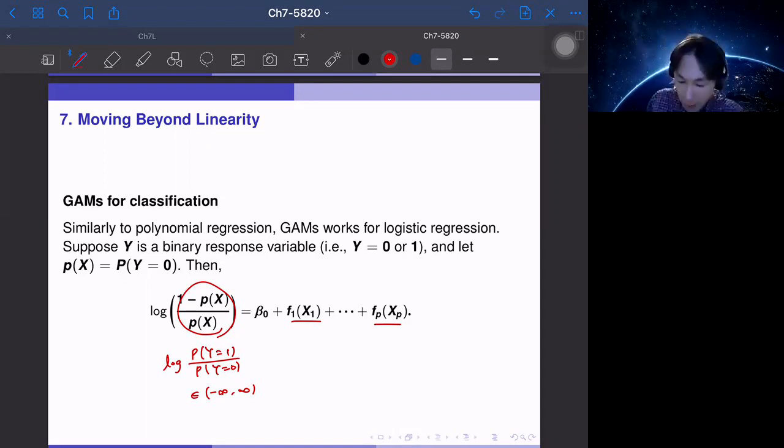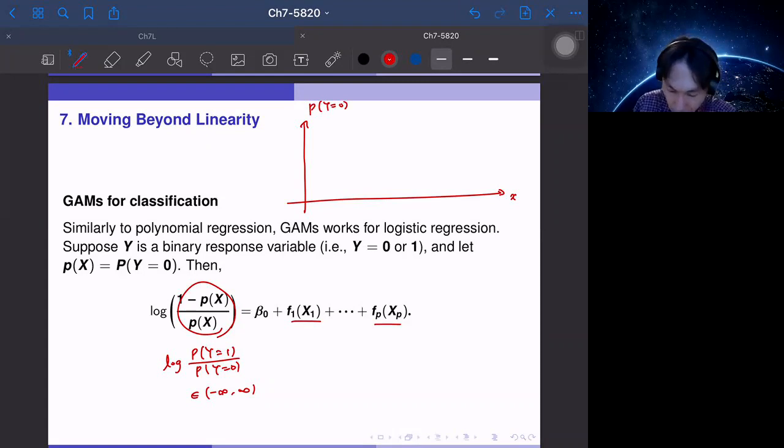For example, if we have x here, and this is the probability of y equal to 0, then the curve may be more complicated. For example, this is maybe age, and the probability that each customer buys a motorcycle.